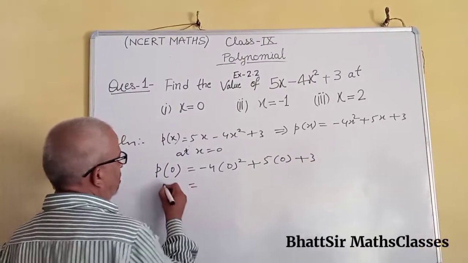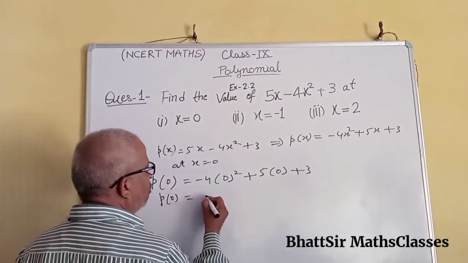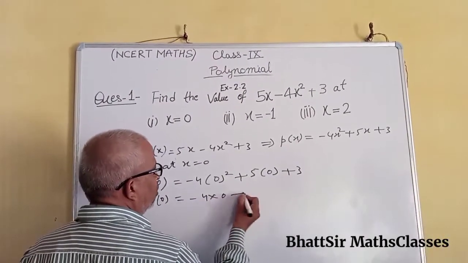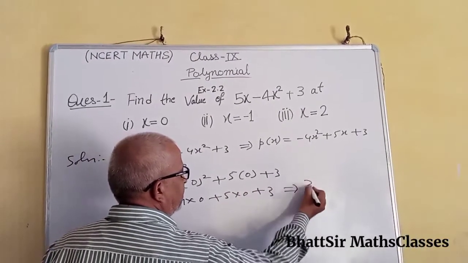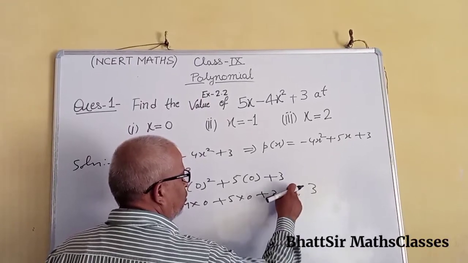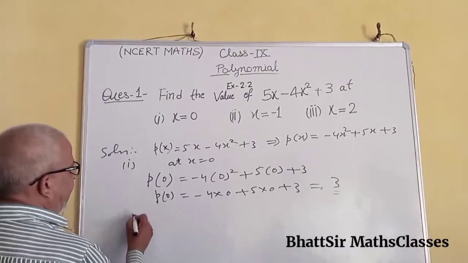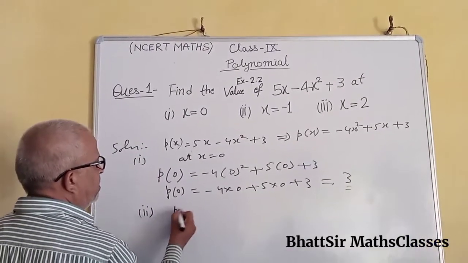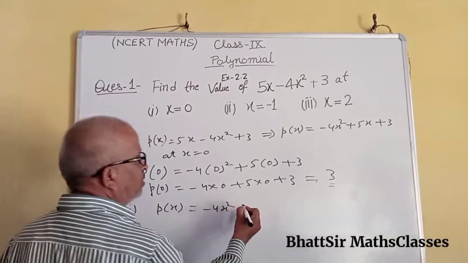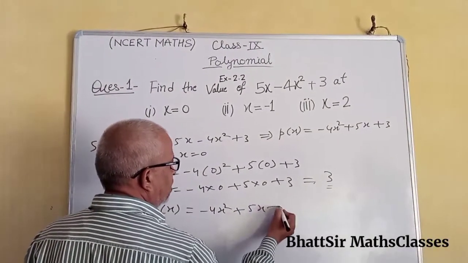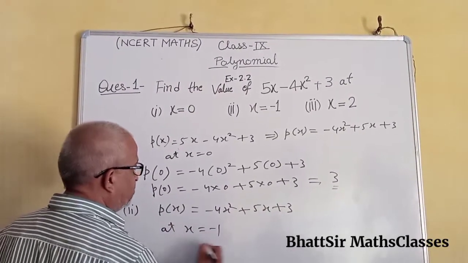P(0) equal to minus 4 into 0 plus 5 into 0 plus 3, which implies 3. Now it is the first solution. Second, P(x) equal to minus 4x square plus 5x plus 3 at x equal to minus 1.